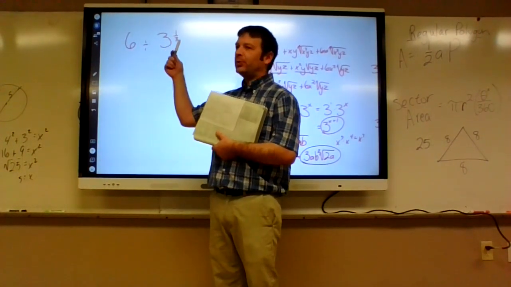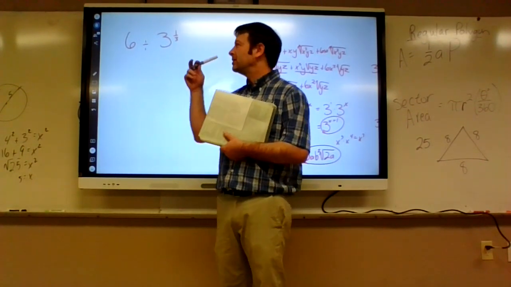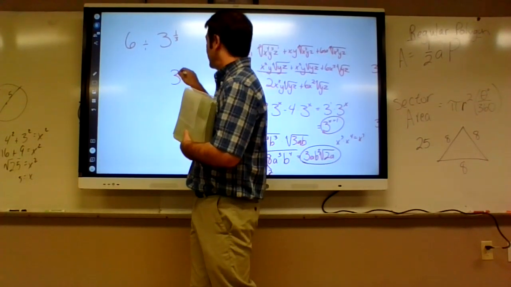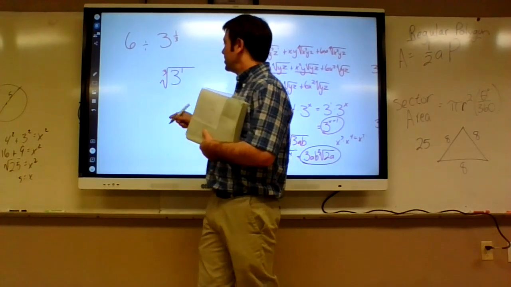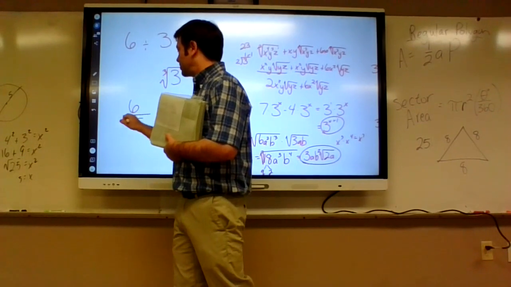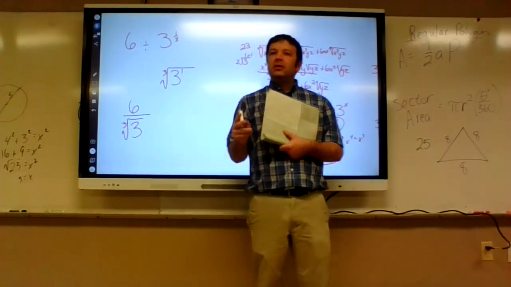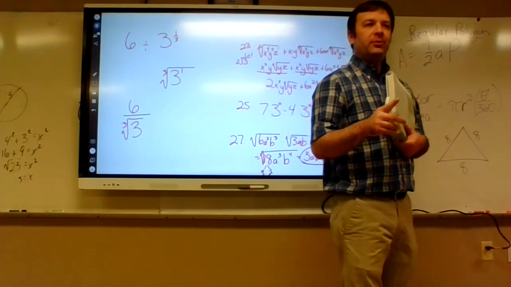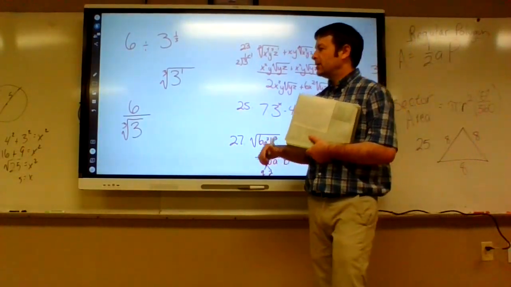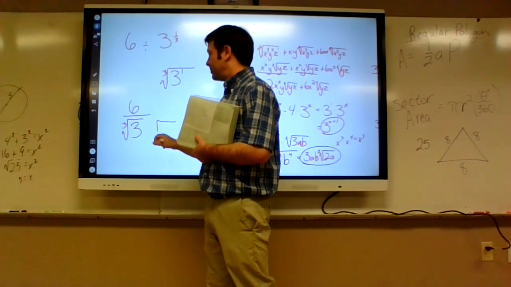Alright. 3 to the 1/3 is the same thing as what? Cubed root of 3. Yeah, so it's 6 over cubed root of 3. We're not supposed to leave the radical in the denominator. Does multiplying by cubed root of 3 solve my problem?